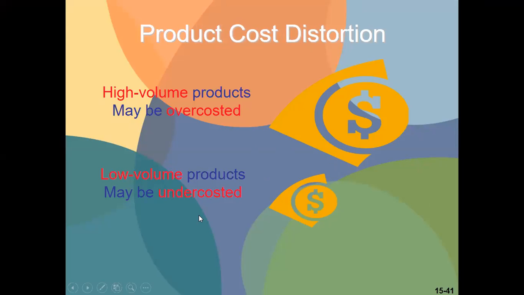But for the traditional, it would be the reverse. If there are high volume products, the cost would be higher, so they are overcosted. If there are low volume products, then we expect lower costs, that's why they are undercosted.